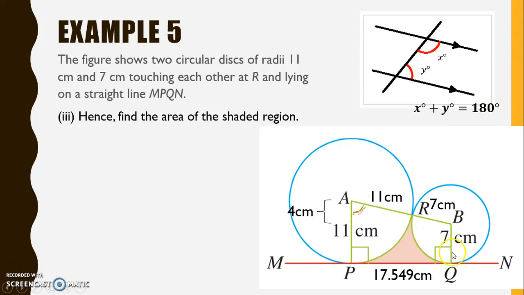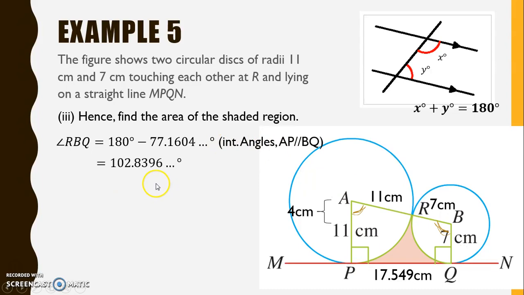Can I find this angle? Do you notice there are two interior angles over here? Yes, I can, simply by taking 180 degrees minus this angle. So angle RBQ is equal to 180 minus 77.1604 degrees. Interior angles, AP parallel to BQ. Please don't forget to write the reason. This will give me 102.8396 degrees.